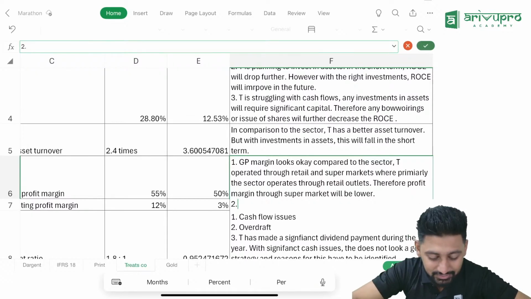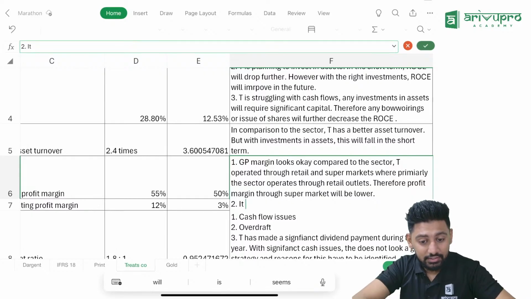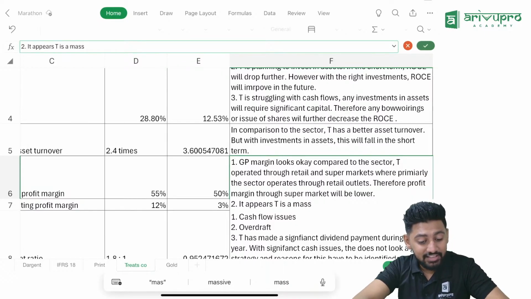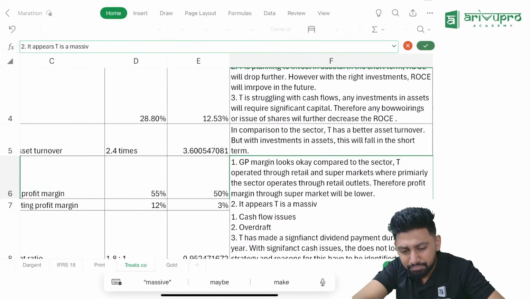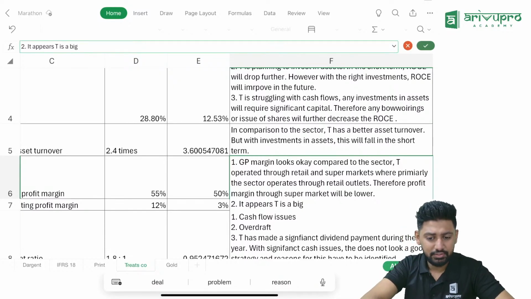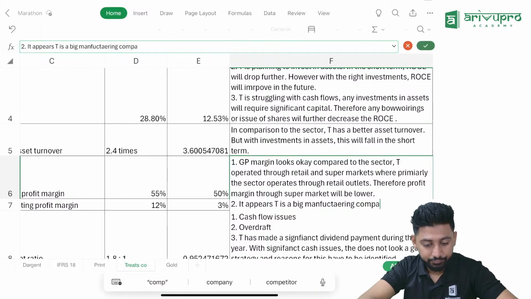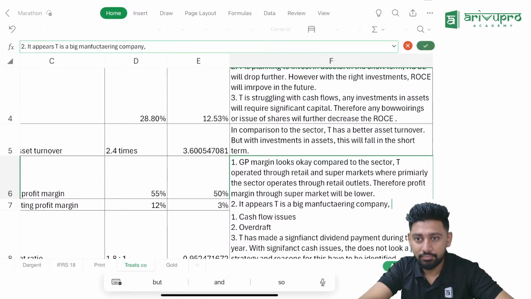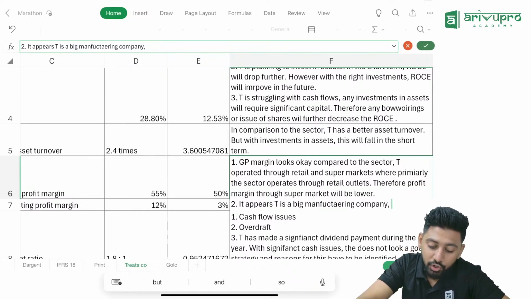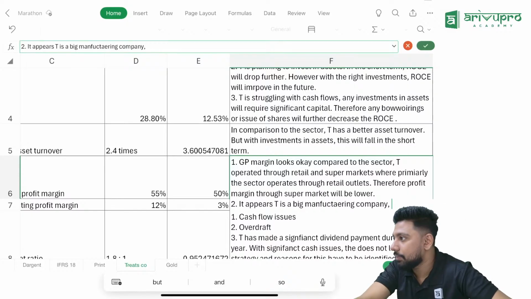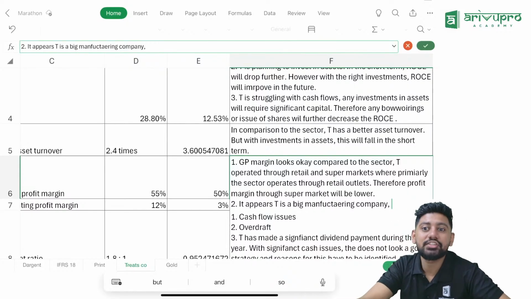Let's go further. It appears Treat is a big manufacturing company. You understand my point? So what will happen if you are a big manufacturing company? You will be able to get massive discounts.